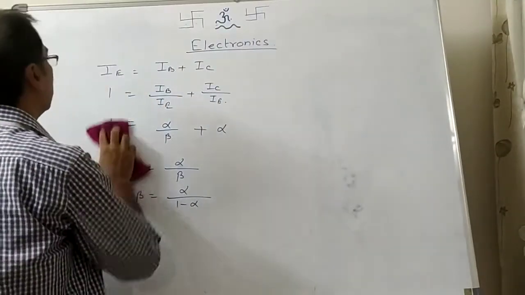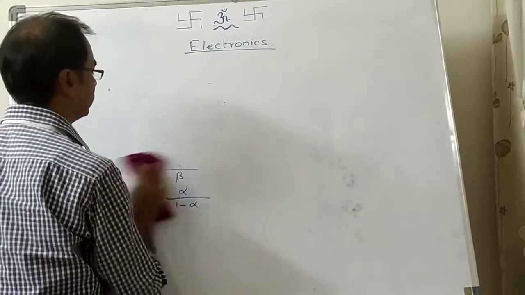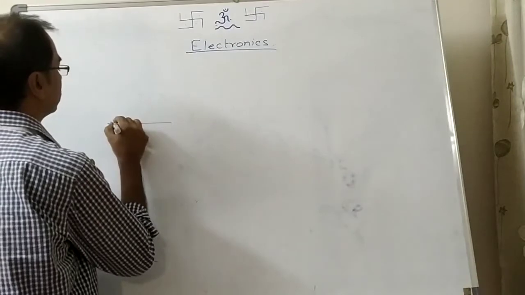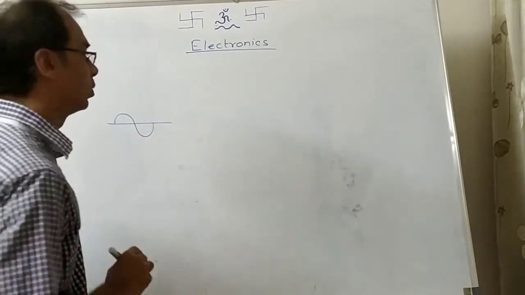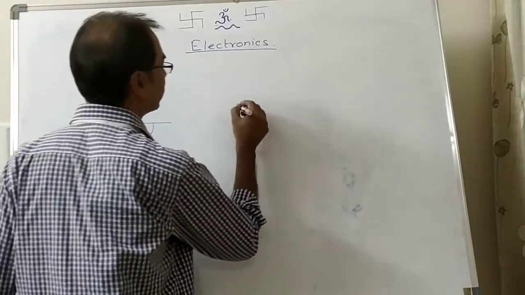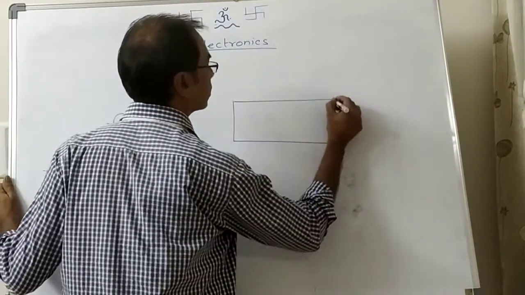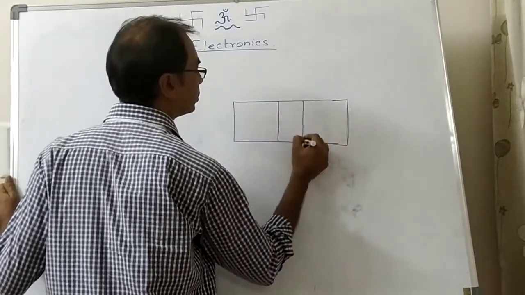But the only thing is, whatever input we give, the input is a varying voltage signal. Something like this will be the input signal, along with the battery. I'll show you the output first. I am making a common emitter.